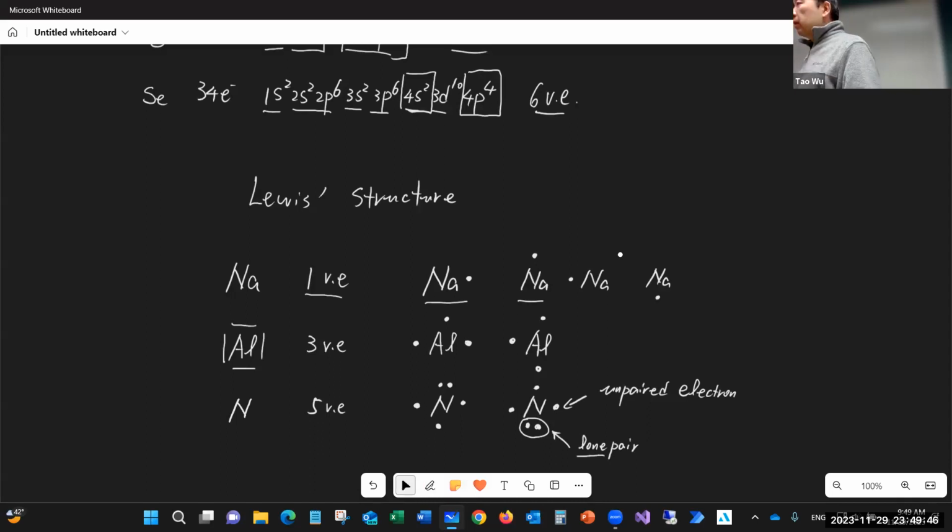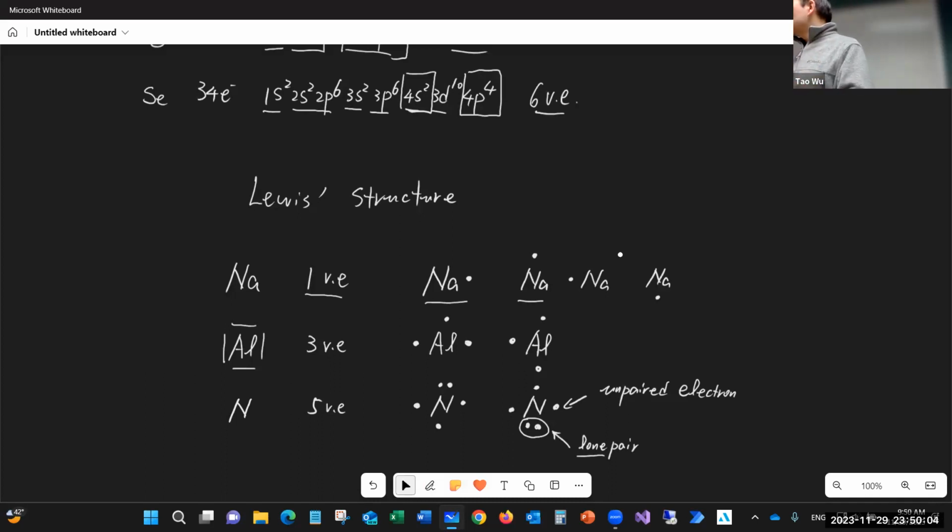Lone pair means this guy is lonely. They're not going to react with other stuff. As long as it's paired, it's already stable. So the most reactive ones are the unpaired electrons, because they would like to pair.